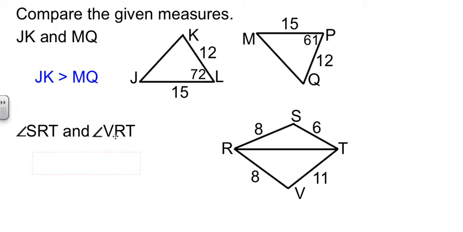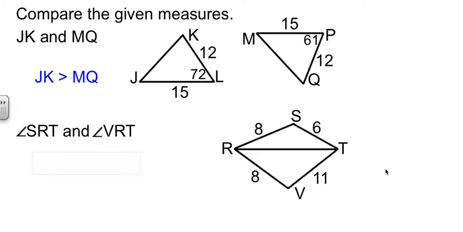Now let's use the same idea and compare angles. Hopefully you see two triangles over here. Triangle SRT and triangle TVR. Okay. We have a pair of sides that match, 8 and 8. RT is congruent to itself, so we have a second pair that match. So now we need to look at the third sides. We have an 11 and we have a 6.